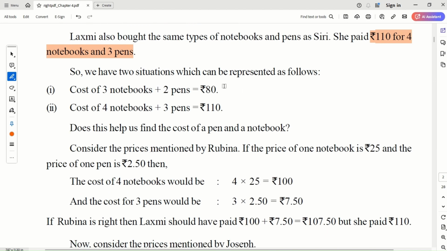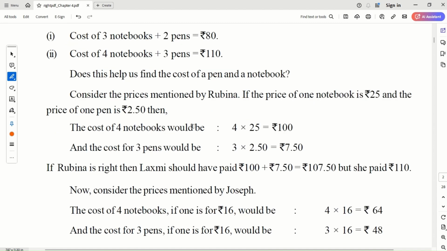Cost of three notebooks and two pens is 80 rupees. Cost of four notebooks and three pens is 110 rupees. So let's assume that the price of the notebook is 25 rupees. Then the cost of a pen will come around 2.5 rupees. Now you substitute these values in the second equation.